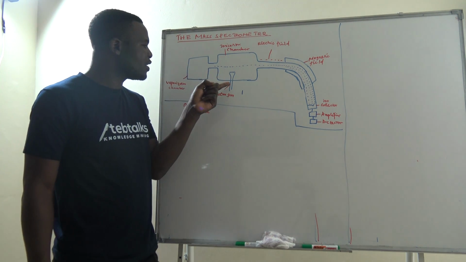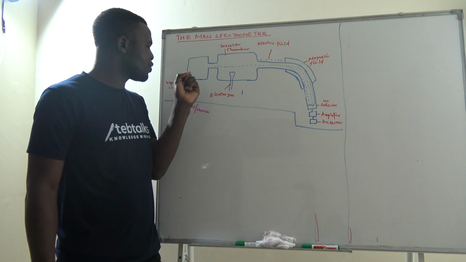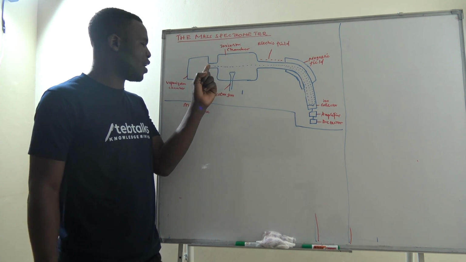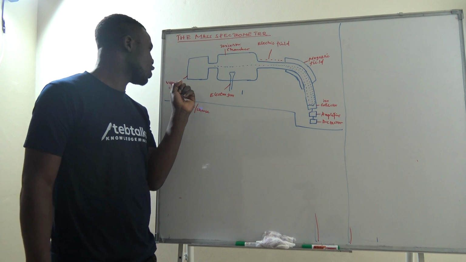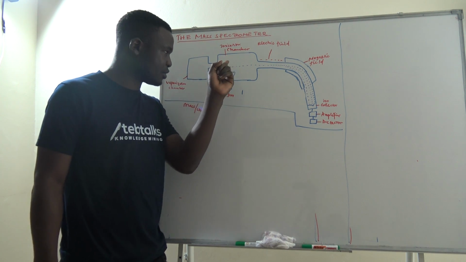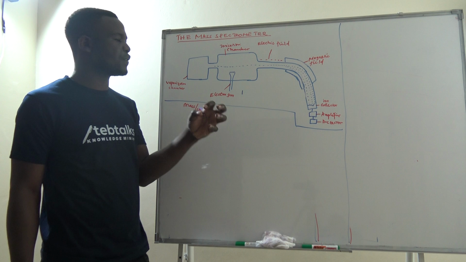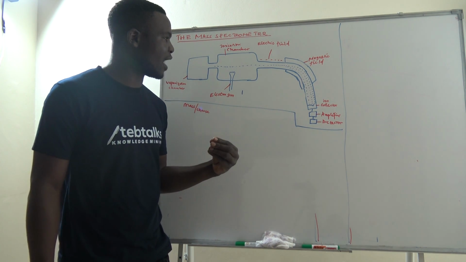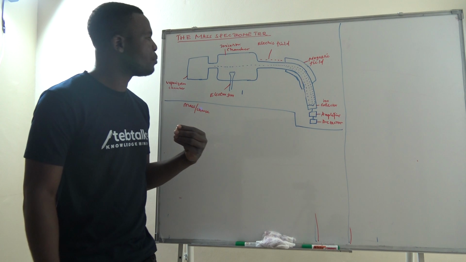When these electrons collide with the gaseous particles, they knock off electrons from the gaseous molecules. And now, since the molecules have lost electrons, they form what we call positive molecular ions. And these molecular ions are positive.